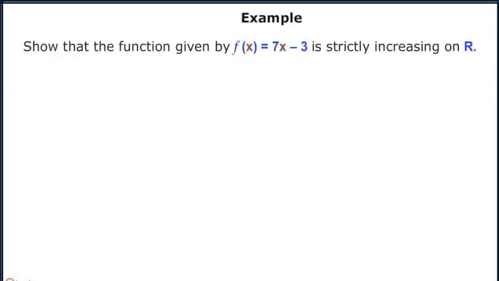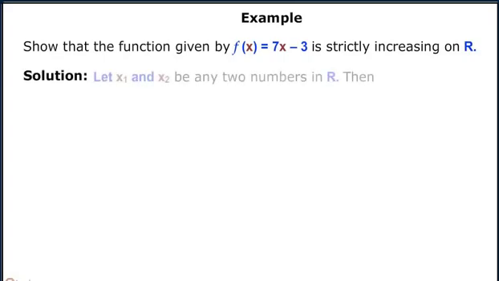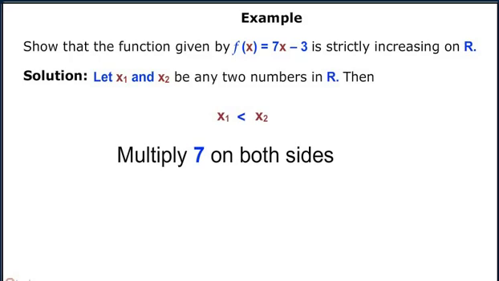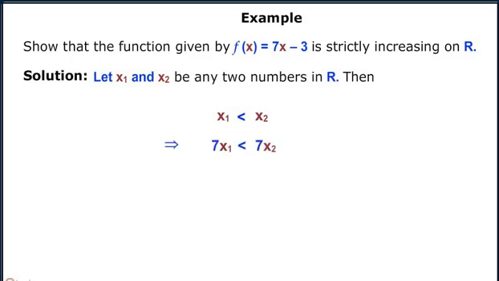Let's take an example. Show that the function given by f(x) equals 7x minus 3 is strictly increasing on R. Solution. Let x1 and x2 be any two numbers in R. Then x1 less than x2. Multiplying 7 on both sides, we get 7x1 is less than 7x2.